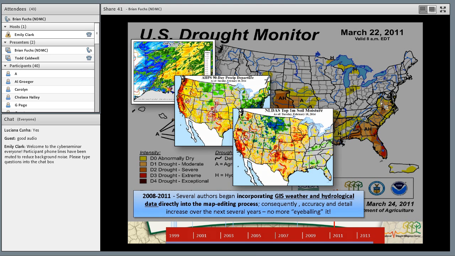So we were no longer having to just eyeball it from a static map, but we were actually able to bring that into our project and draw the map right up to where those data points were showing the transitional zones or the delineations between wetter and drier regions, which was a big step forward for us.